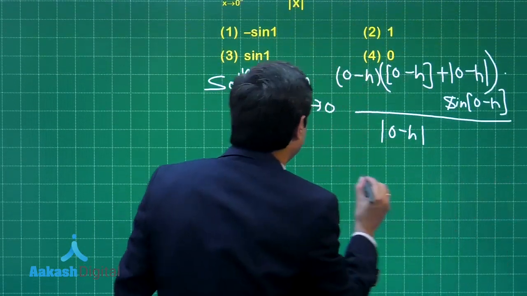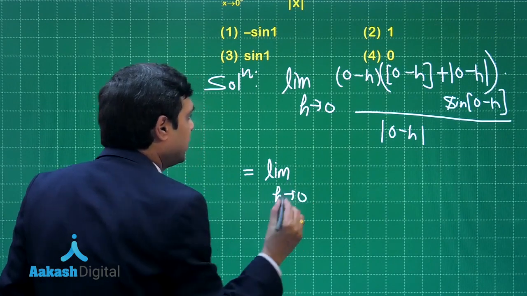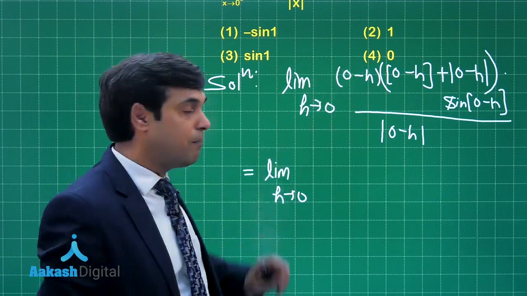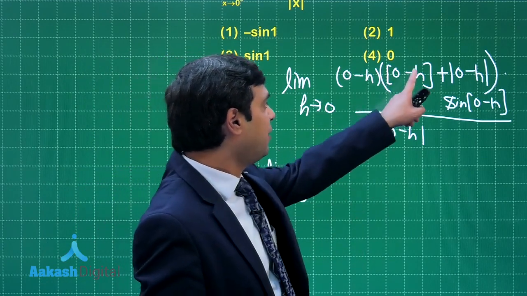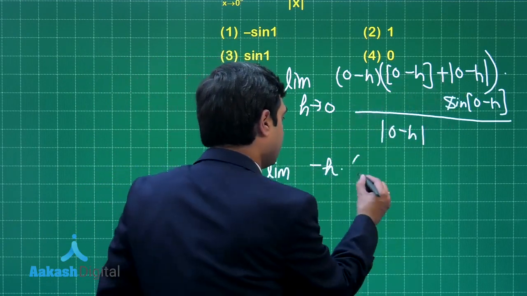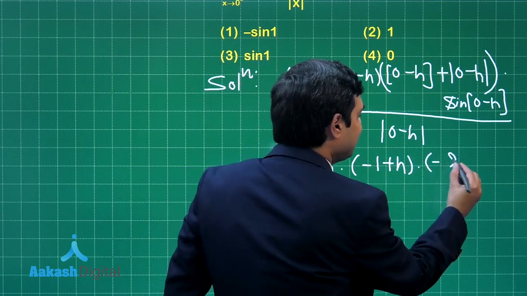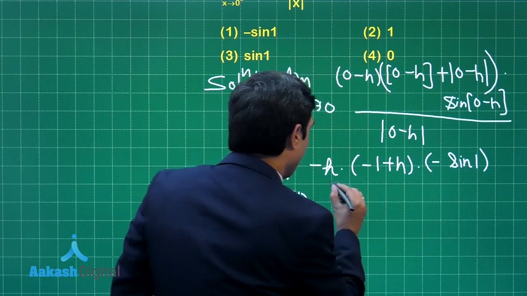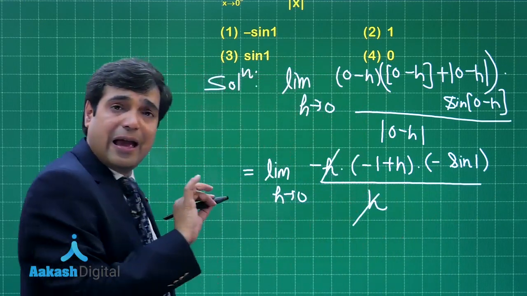Let's simplify, this is not difficult. Limit h approaching 0, first term is simply minus h multiplied with minus 1, plus h multiplied with minus sine 1, whole divided by h. h is cancelled, apply the limit.